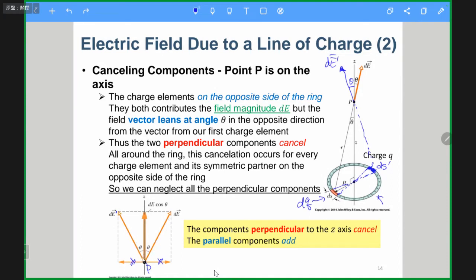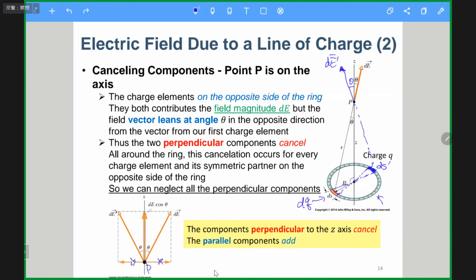So when we decompose it, the projection on the z-axis is dE times cosine of theta. And of course, this one is dE times sine of theta, but they point in opposite directions and they cancel each other. So the first step is to cancel some of the components to simplify our calculation.